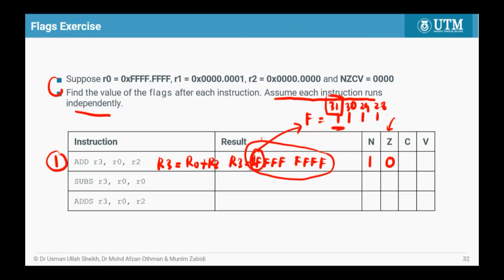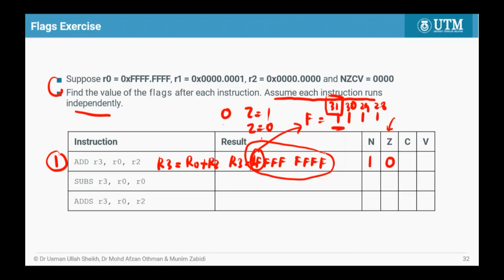That is how to determine the Z flag: looking at the value inside your register. If the value is 0, no value, then Z equals 1. If the value is non-zero, which means you have a value inside your register, then Z equals 0.